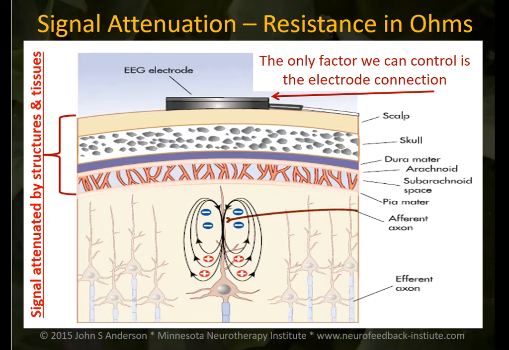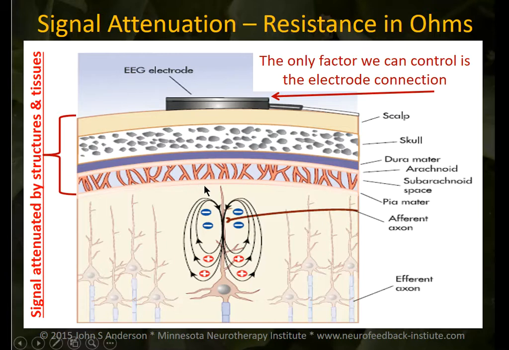Now, this is a simple schematic showing an example of resistance. So we have the electrical current being represented here surrounding this pyramidal neuron, and this is the electrical field that is existing in the cortex, and measuring it from the scalp surface requires that we pick up this electrical field through a lot of different tissues and structures.